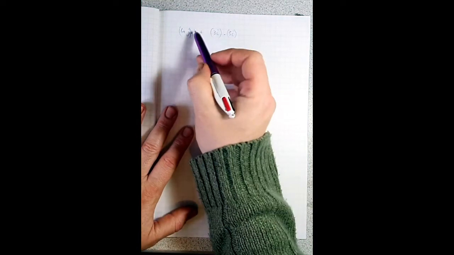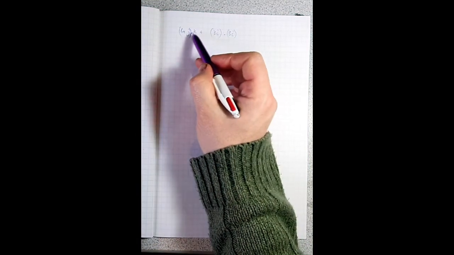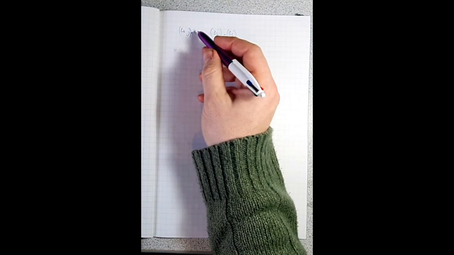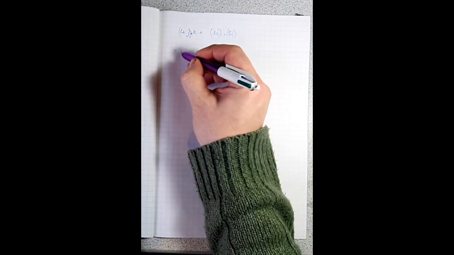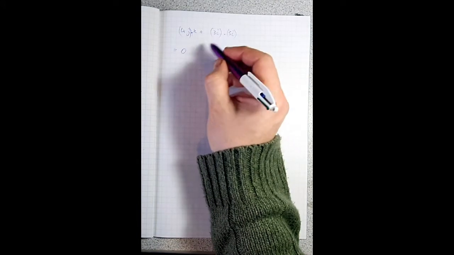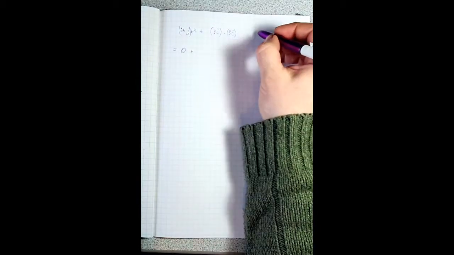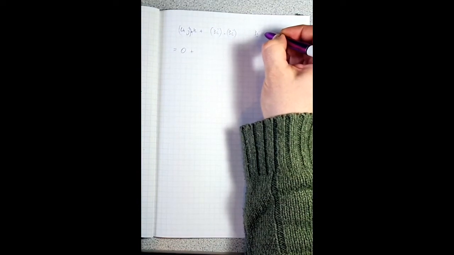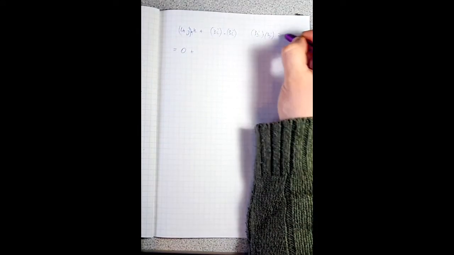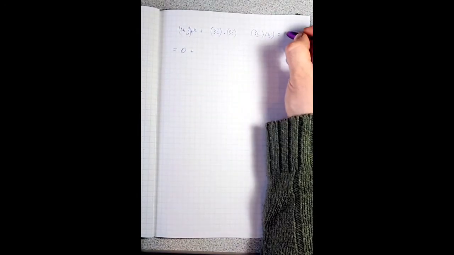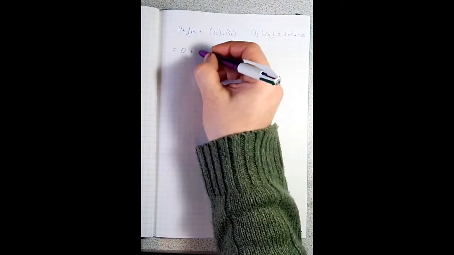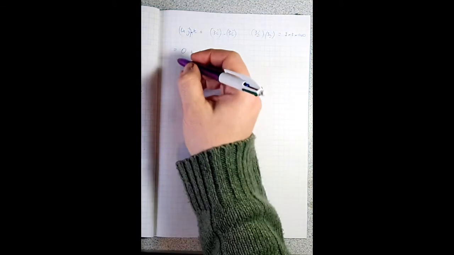Well, j and k are perpendicular, so 4j dotted with k is also perpendicular, giving 0. 3i, well, i is parallel to itself, so 3i dot 3i is mod A mod B, 3 times 3 times cos 0, which of course is just 9.